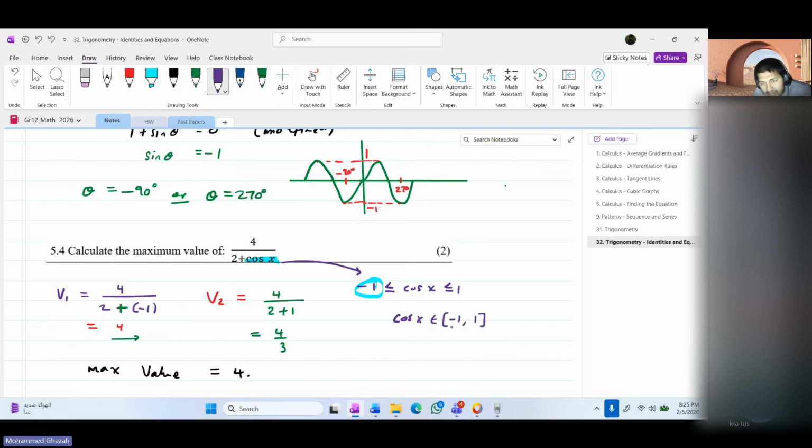So you need to look at the highest point and the lowest point, substitute it and see which value gives you the maximum. It's not the maximum and the minimum of cos x, it's the maximum value of this entire expression. That's the reason why the maximum value is 4. And these types of questions are also in the NBTs.